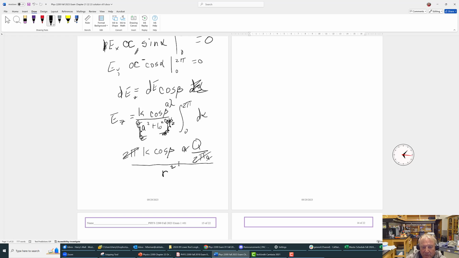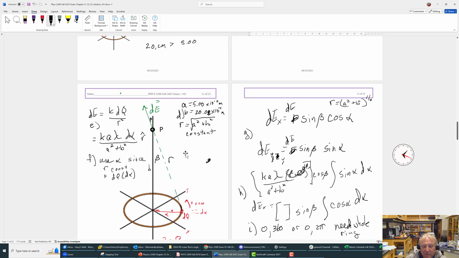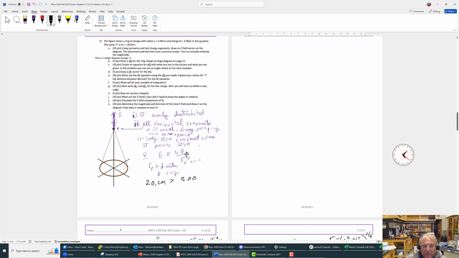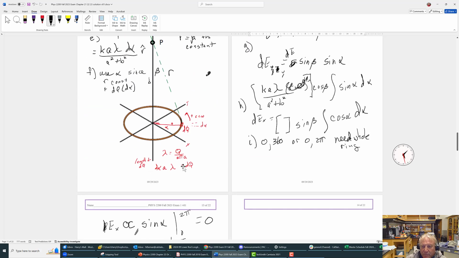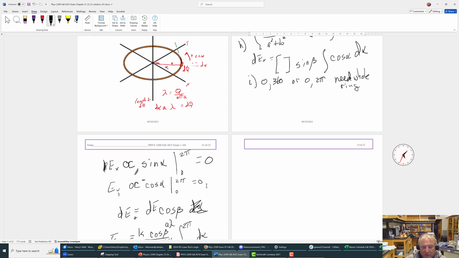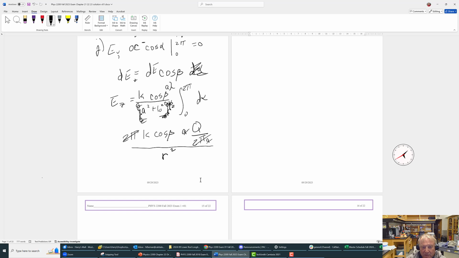So the last section, I forget the letter. So J and K. Oh, J, yeah. Here's J. And then K is that the first thing we got was KQ over R squared, and now we have KQ over R squared times cosine of beta.